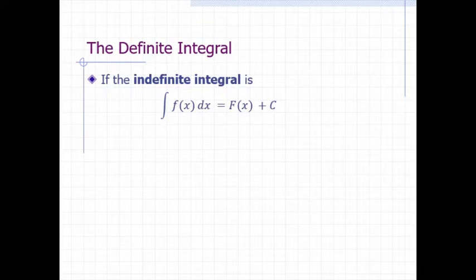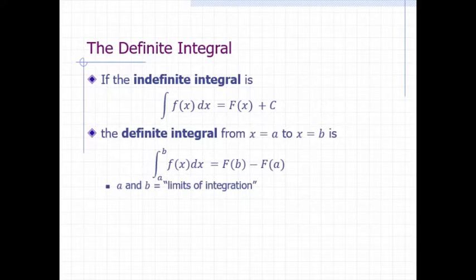Suppose we take the indefinite integral of a function shown here as little f of x. In general, we get another function of x, represented here by big F of x, plus an arbitrary constant c. The definite integral of the function between two values of x is obtained by evaluating the function big F at the two values of x, then taking the difference.